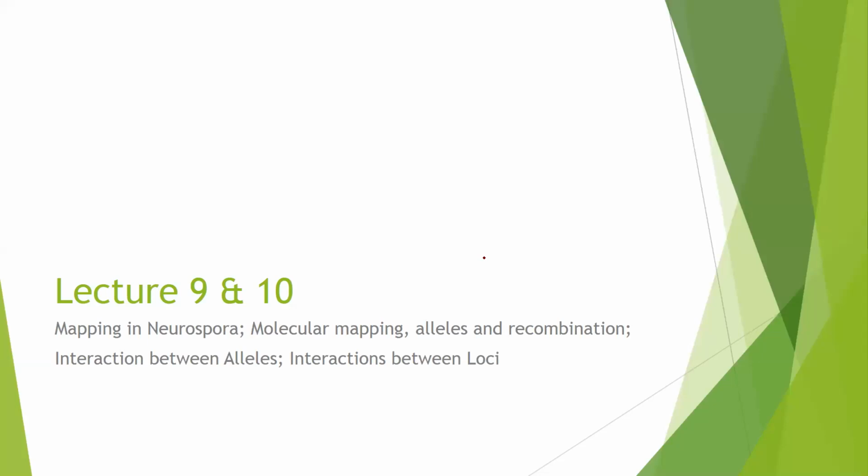So if they are on the same chromosome. But at that time we used a diploid model organism. So today we're going to learn how we can use Neurospora, which is the haploid model organism, to do genetic dissection.